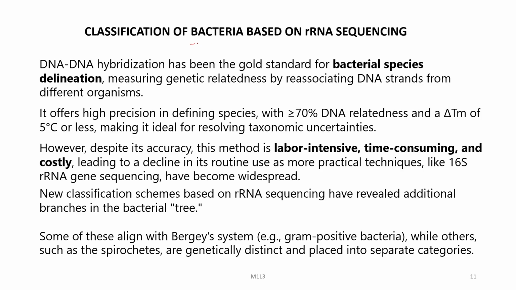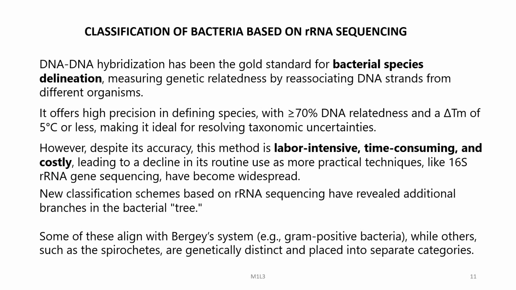One of the interesting classifications of modern times is the classification of bacteria based on RNA sequences. Prior to this, DNA hybridization was considered the gold standard for bacterial species delineation, which measures genetic relatedness by reassociating DNA strands from different organisms.